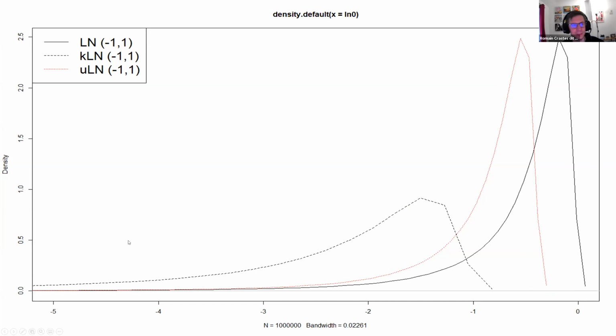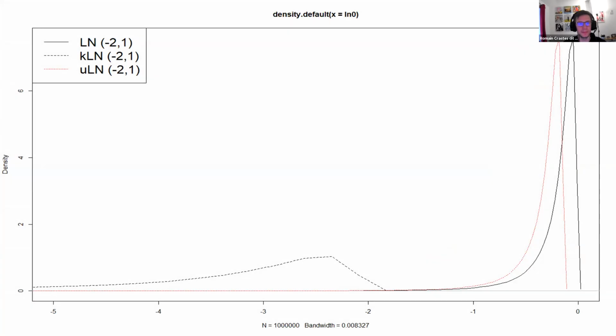And we can see that the kappa shifted is even much more away from 0 than the two other distributions. And that's what we want. We want this distribution to be away from 0 to avoid the exploding implicit price problem. And those are just other illustrations with different values, but you get the idea.